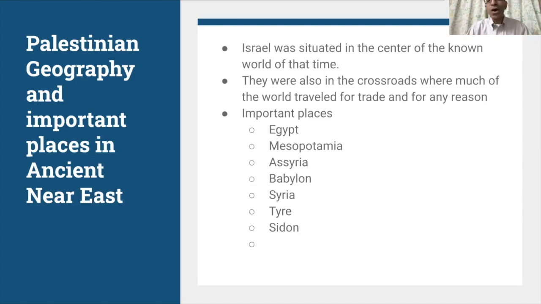Even if you are not an artist, it's okay. You can try to draw that so that you can get a fair idea of the location of Israel amongst the nations, somewhat in the center of the known world, but definitely at the crossroads of the known world of that time.